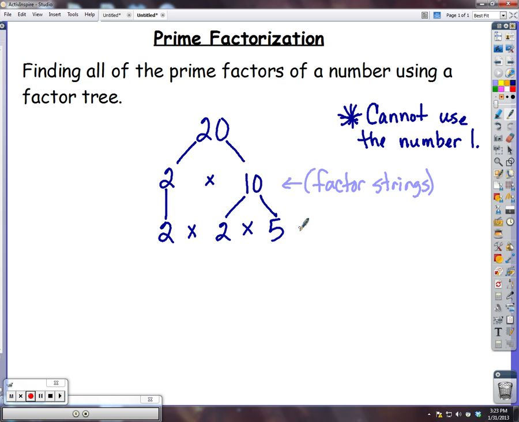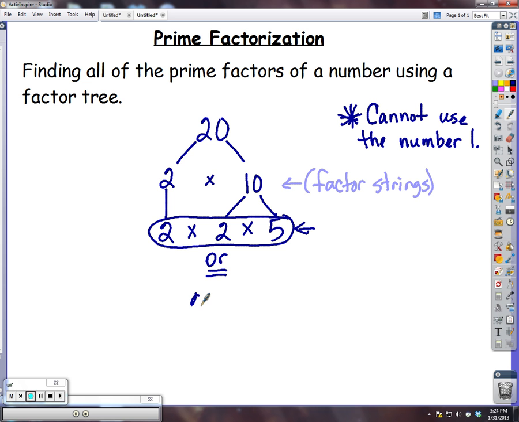So now I have a second factor string. In my second factor string, all of the numbers are now prime: 2 times 2 times 5. So this would be considered the prime factorization for the number 20. I can also write my prime factorization using exponential notation.